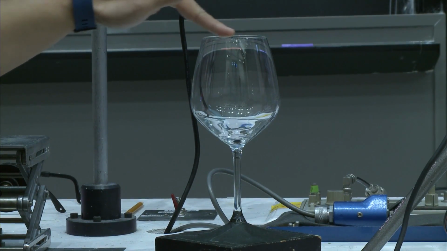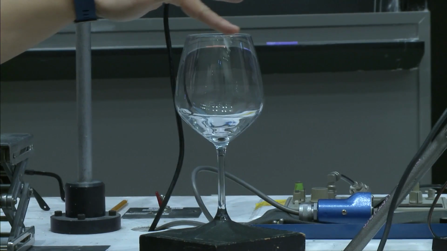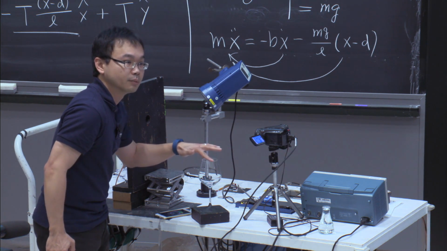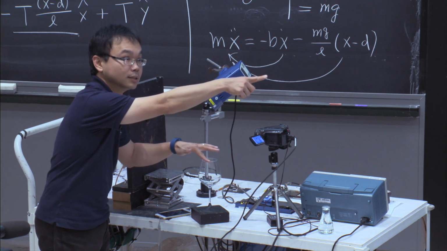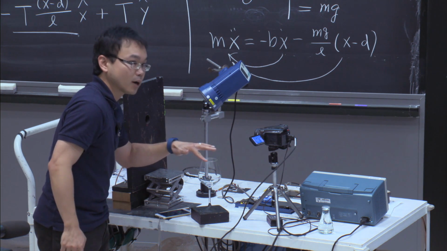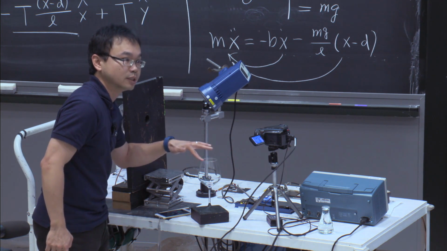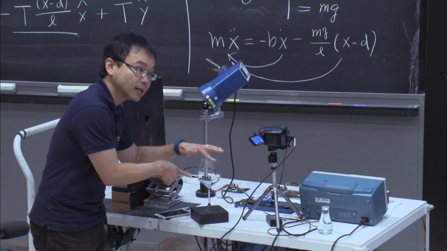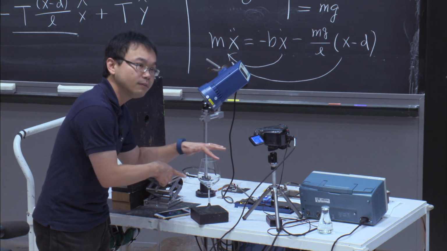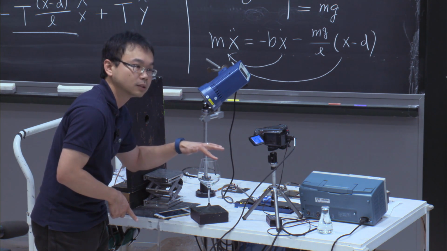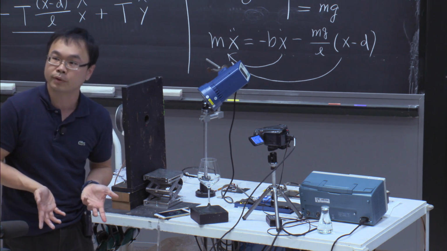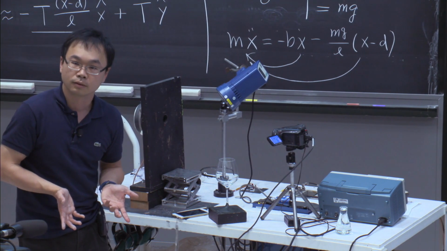Okay, so you can see that we have always been working with a single particle, and that gives you one resonance frequency. If I work with two particles, which we will see in the next lecture, I will get two resonance frequencies. And this glass is made of an infinite number of particles. Therefore, I will have an infinite number of resonance frequencies.